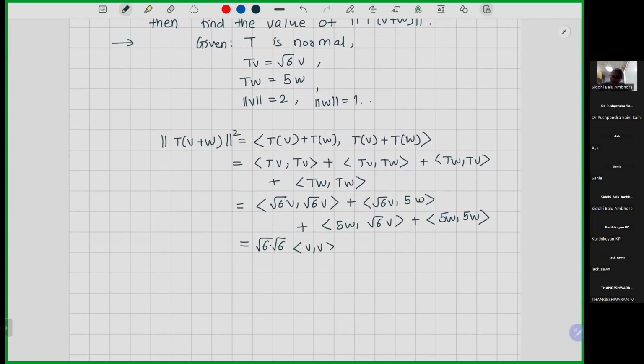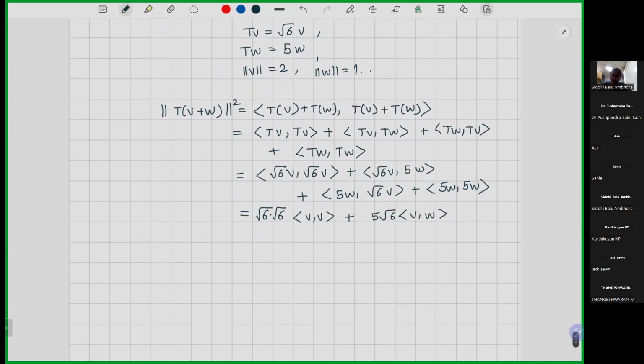Since these are real numbers, the bar can be ignored, but let me write it for completeness: 6 times the inner product of V with V, plus 5 root 6 inner product of V, W, plus 5 root 6 bar inner product of W, V, plus 5 into 5 bar inner product of W, W.